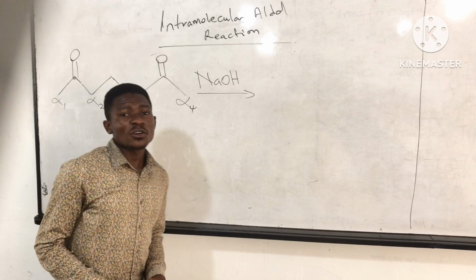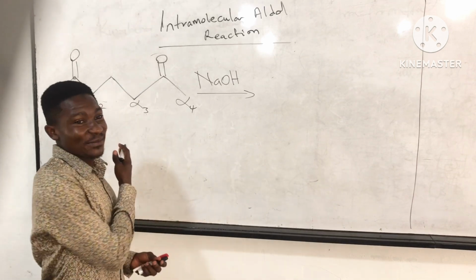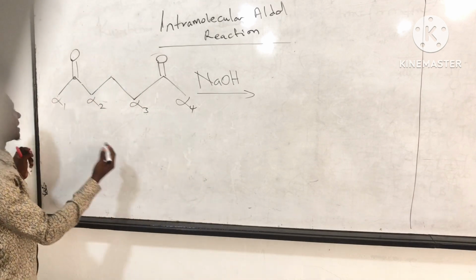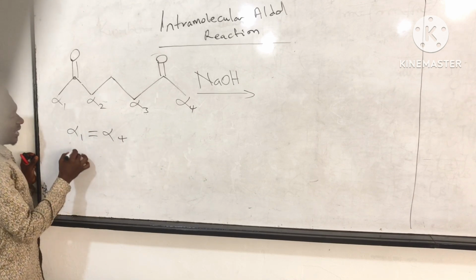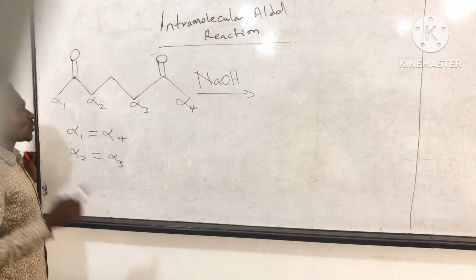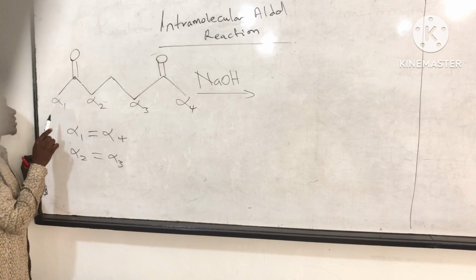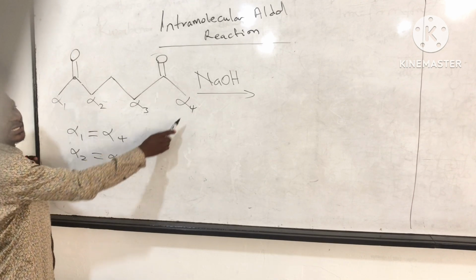Now, because we agreed that this particular system is a symmetrical one, it is obvious here that we can say that alpha carbon 1 is equal to what? Alpha carbon 4, and alpha carbon 2 is also equal to alpha carbon 3. So whatever operation happens on alpha carbon 1, if you do it on alpha carbon 4, it's just the same repetition.